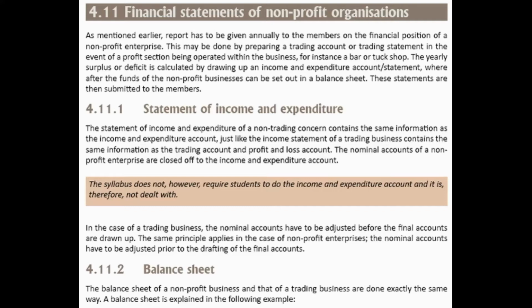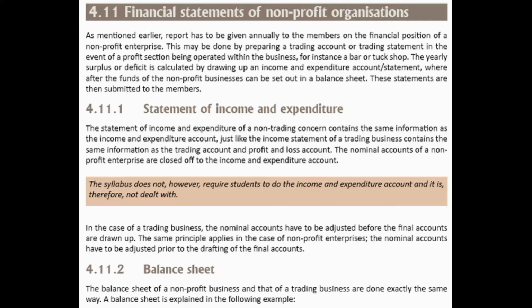In other words, we won't have a normal trading account where we close off sales and cost of sales, unless we have a club and we do it for a specific section in the club, like for the bar or the tuck shop. In a case like that, we will do it for each one of those. Let's say it's a bar and a tuck shop and refreshments or whatever that we sell. We will have a trading account for each one of those sections.